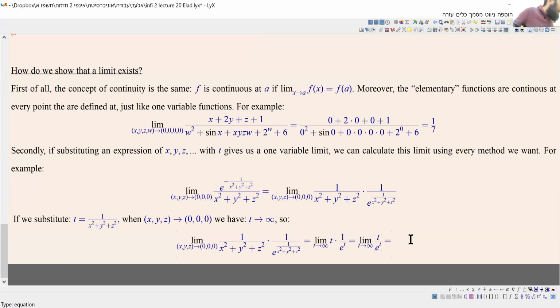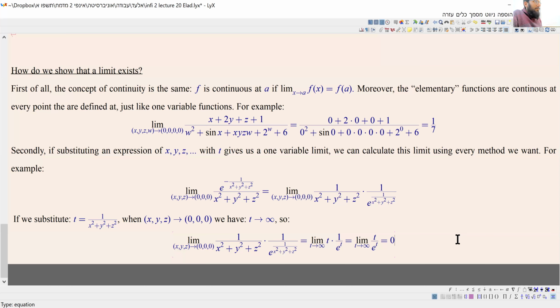Now, one can use L'Hopital. One time is enough. Or one can say, you know what, we know that a polynomial is eaten alive by the exponential, so the limit is 0.